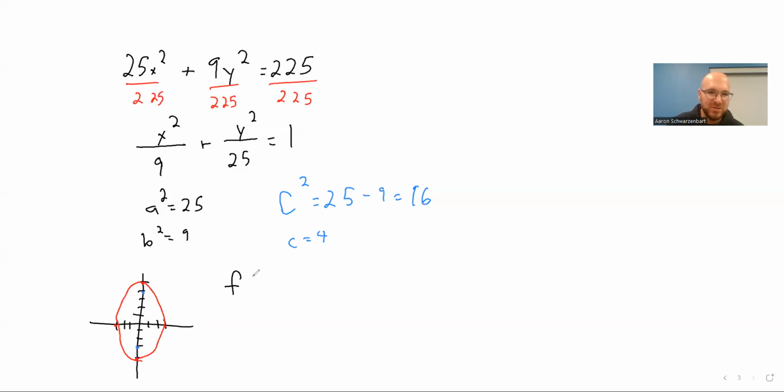So they're going up and down 4. I give my coordinates 0, 4, and 0, -4 are my two foci.